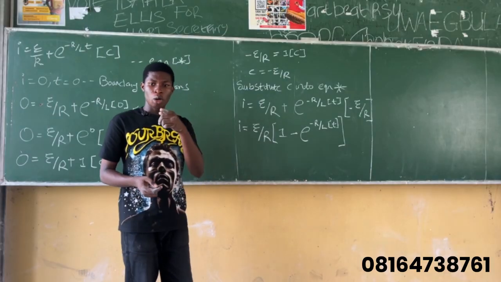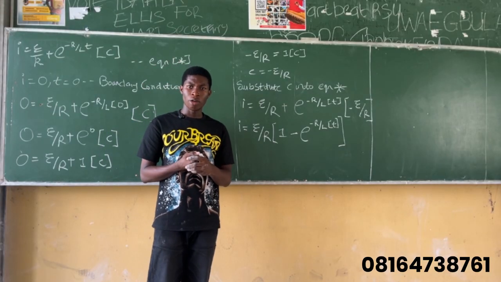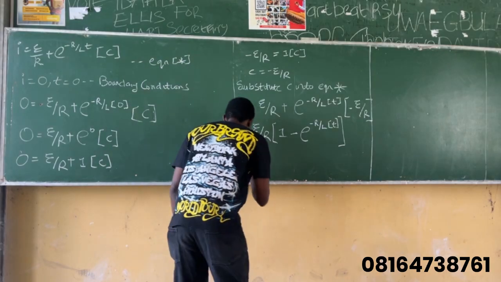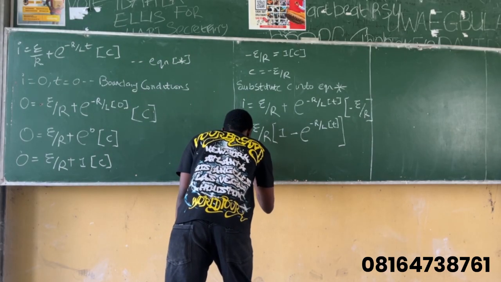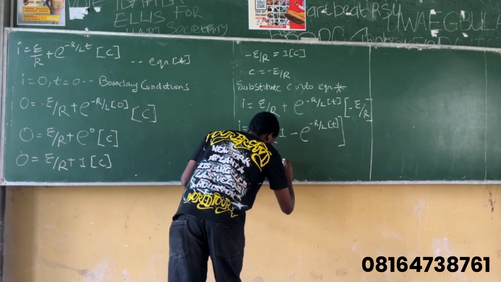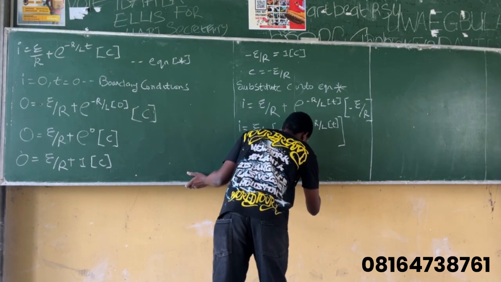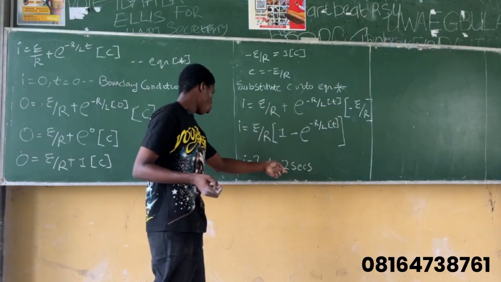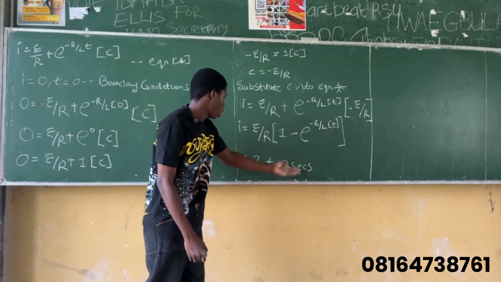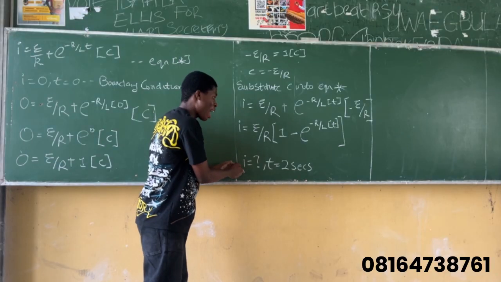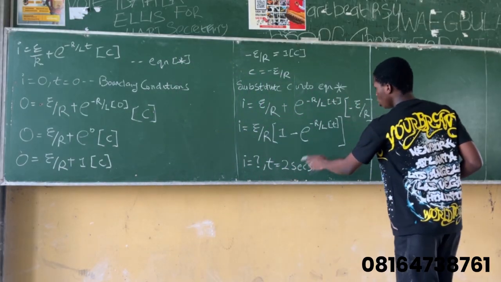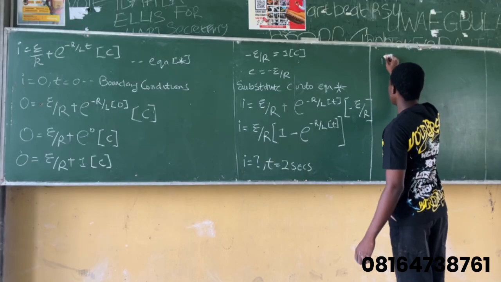Now, from the question they gave us, they say we should determine the value of what? The current I after 2 seconds. So we don't know the value of I at t equals 2 seconds. We have simply converted the word problem into this simple statement. Now, at t equals 2 seconds, we'll simply get our value of I using this equation.